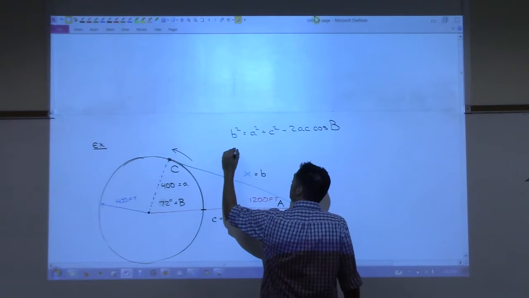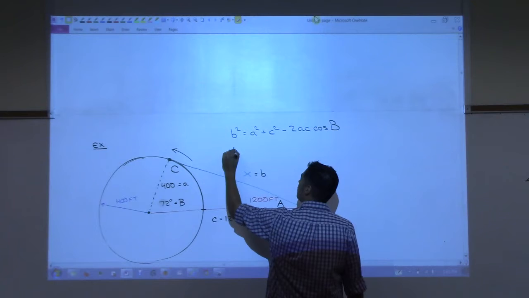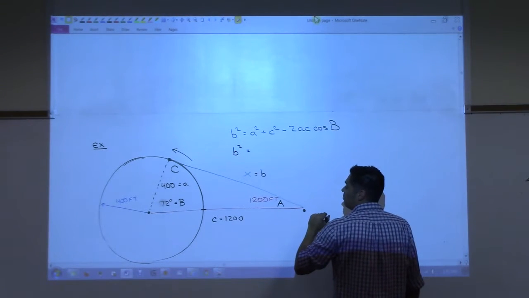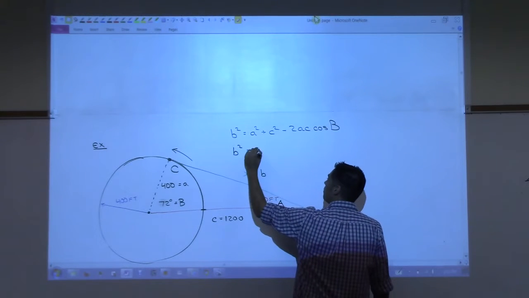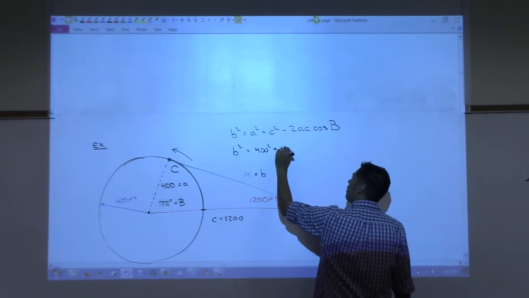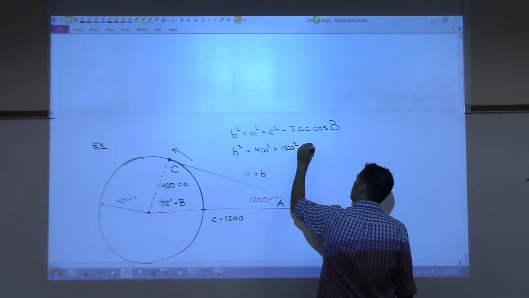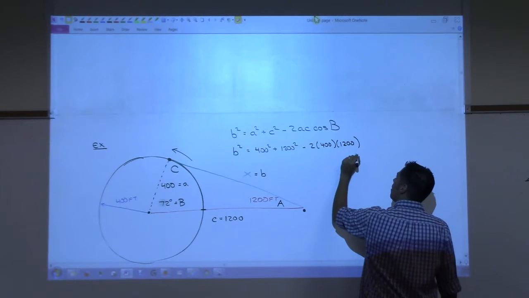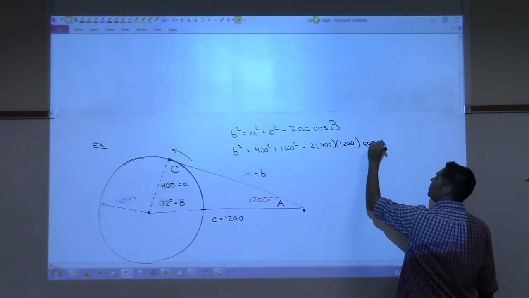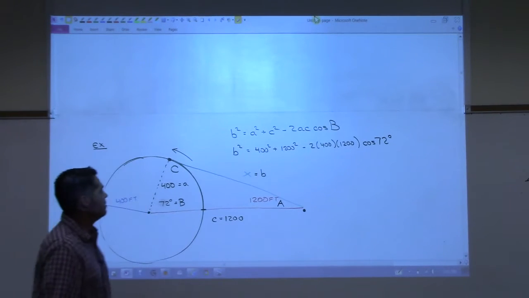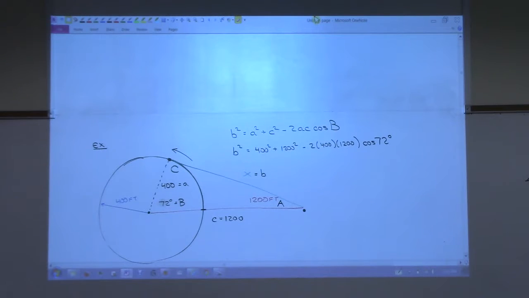So now this becomes b squared equals a squared, which is 400 squared, plus c squared, which is 1,200 squared, minus 2 times 400 times 1,200 cosine of 72 degrees. So go ahead and calculate that all out and tell me what b squared is. Don't take the square root yet.